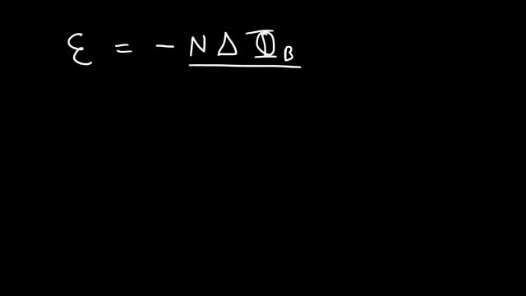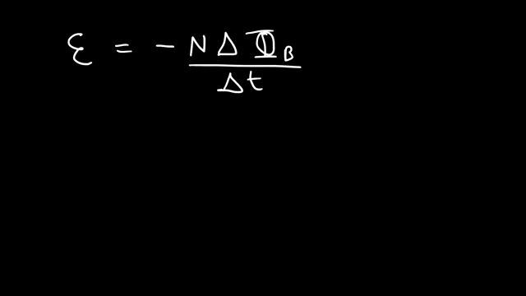Now, the equation that is associated with Faraday's law of electromagnetic induction is this formula. The induced EMF is equal to negative N times the change in the flux divided by the change in time. So the faster the flux changes, that is the magnetic flux, the greater the induced EMF will be in the second coil.